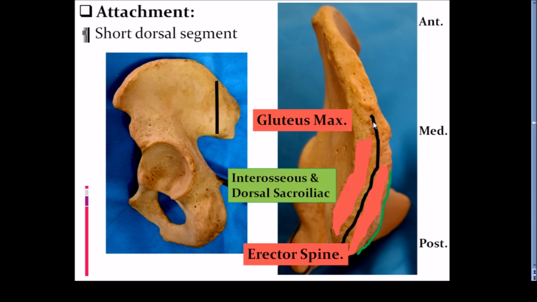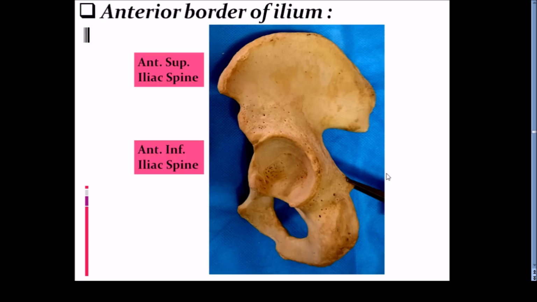Two ligaments, the interosseous sacroiliac ligament and the dorsal sacroiliac ligament, are attached on the medial margin, next to the attachment of erector spinae. This is the attachment site for the interosseous and dorsal sacroiliac ligaments. So these are the attachments on the short dorsal segment.